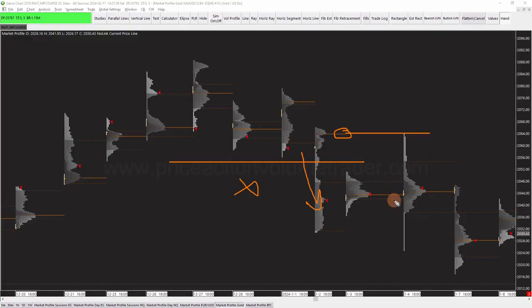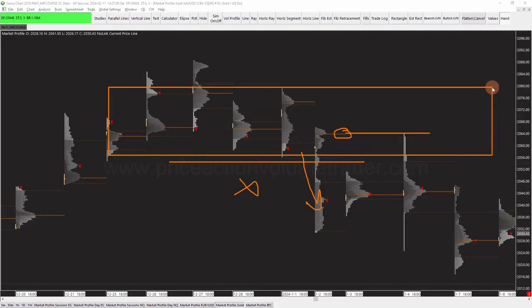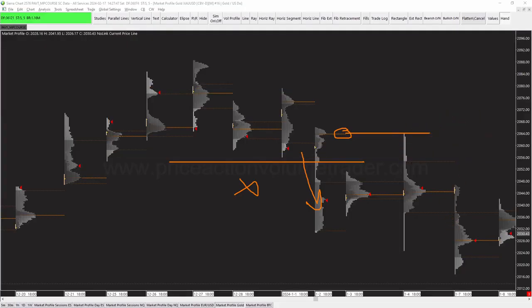And right here, we have a very strong move up, and price, instead of starting to stay within this general balance area right here, had a very strong rejection over the point of control and just came back into this previous area of value that we had right over here.